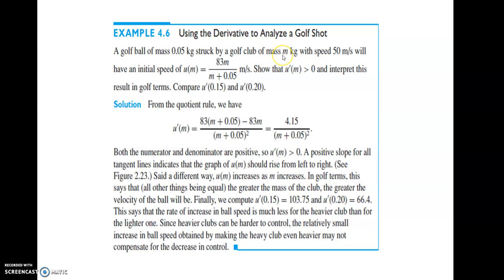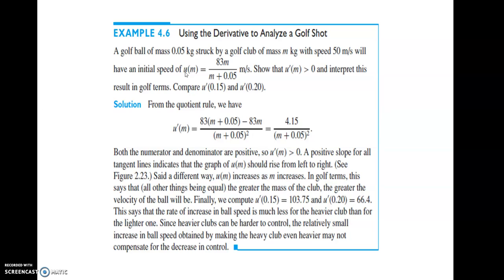So, with the mass m, with an initial speed. So, look at it, the speed of the golf club bat is given by this. So, u of m, u is the speed of the bat. You hit the ball with the bat.